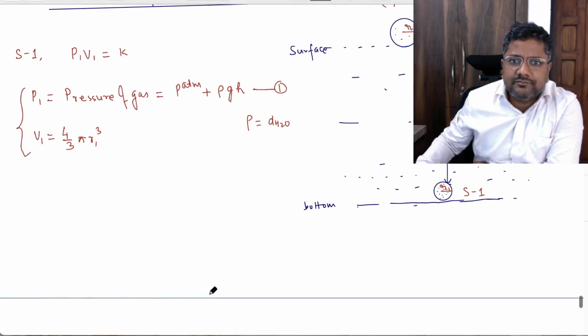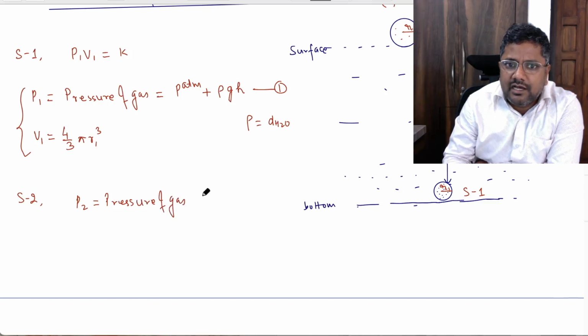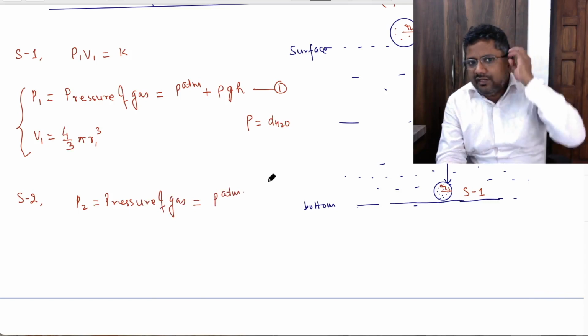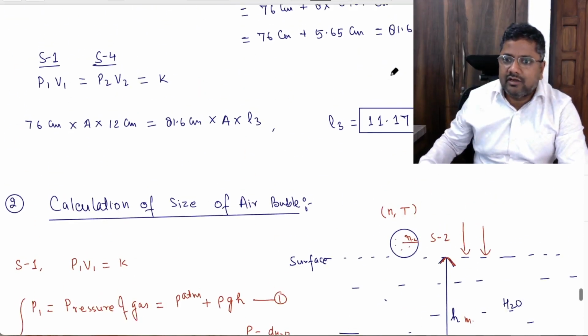Now come to S2. Under S2, P2 is the pressure of gas, and this is equal to the atmospheric pressure only, because this time this is above the water layer.